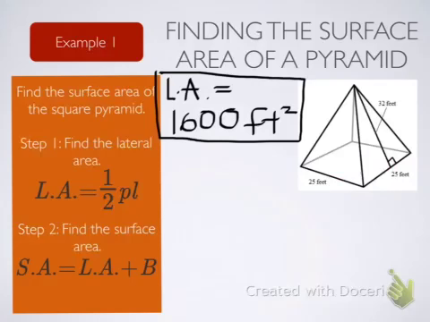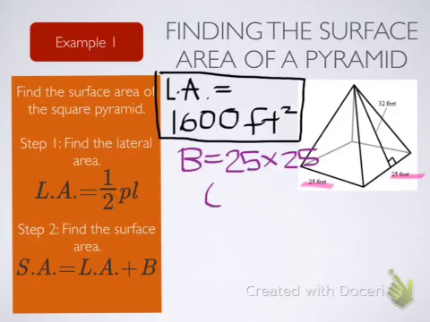And you'll notice 25 feet and 25 feet. So we're just going to multiply 25 times 25. So if we multiply 25 times 25, we're going to get 625. So this is our B, and this is our LA, our lateral area.